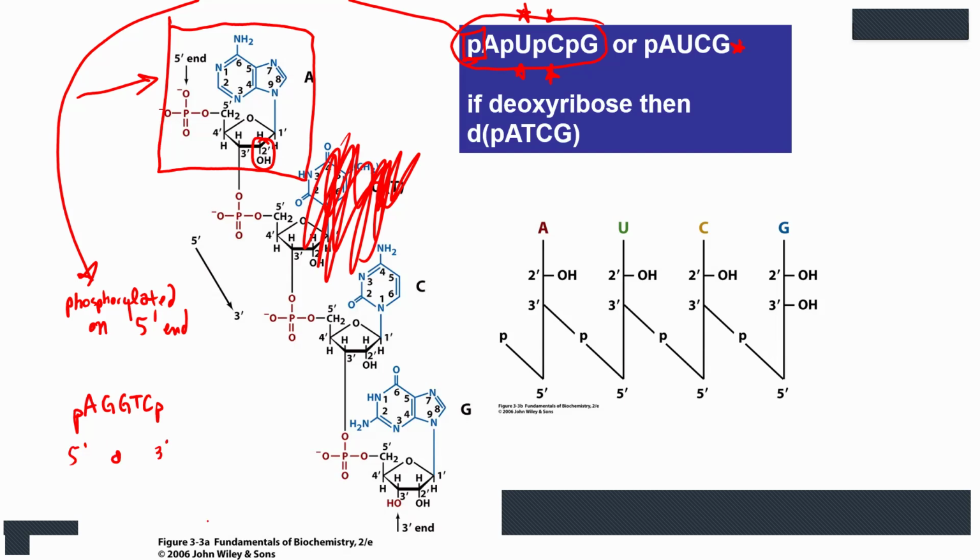And you might be thinking, how do we know? Well, what we know is that at the ends of our molecule, we have a 5 prime carbon and a 3 prime carbon.